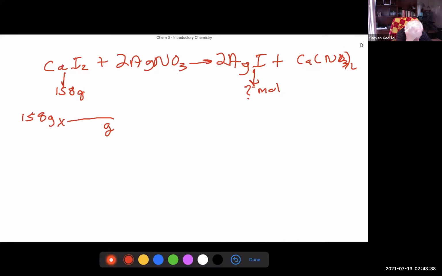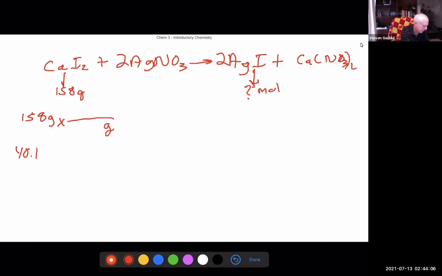Chemical equations are always in moles. So we want moles of calcium iodide. So what does calcium weigh? Calcium weighs 40.1 basically. So 40.1. And iodine weighs, like I said, just rounding numbers off here, 126, 127, 127 times 2.